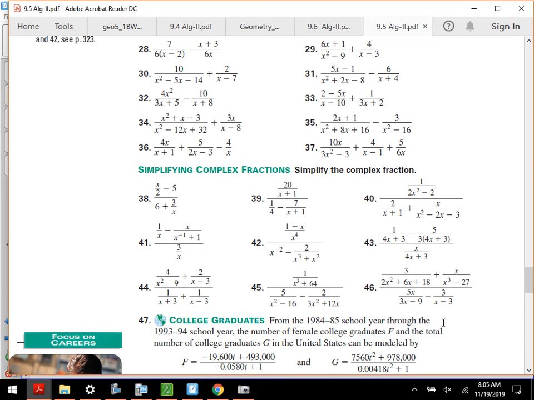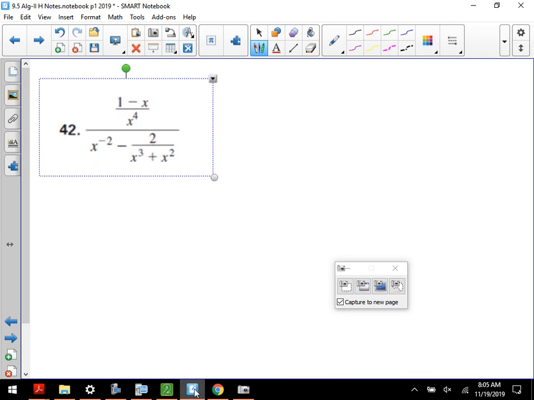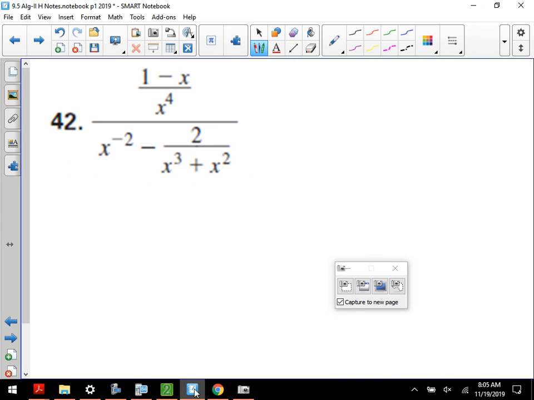Which one? 42? Sure. In 42, there's one property that you probably don't know. The negative exponent. Did we talk about negative exponents yet? It just goes to the denominator.